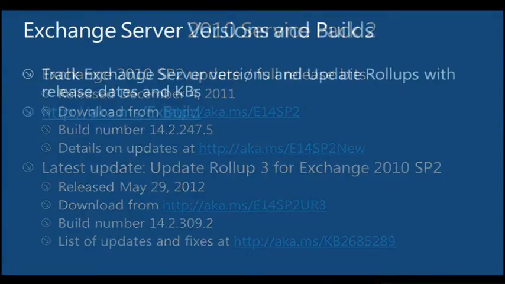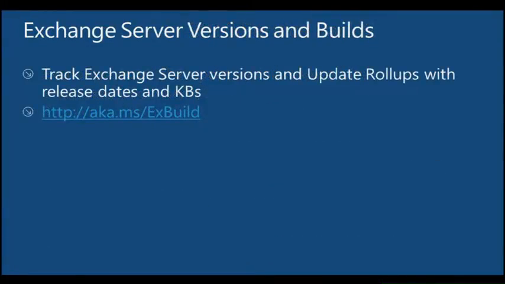Pretty simple notation. We also do maintain a complete list of all of the versions and builds of Exchange that we've released. So not just for 2010 or the service packs or the update rollups, but we also maintain a complete list of every version of Exchange we've released. And that's handy to have because if you're in a large environment, you're probably running a mixture of Exchange versions.